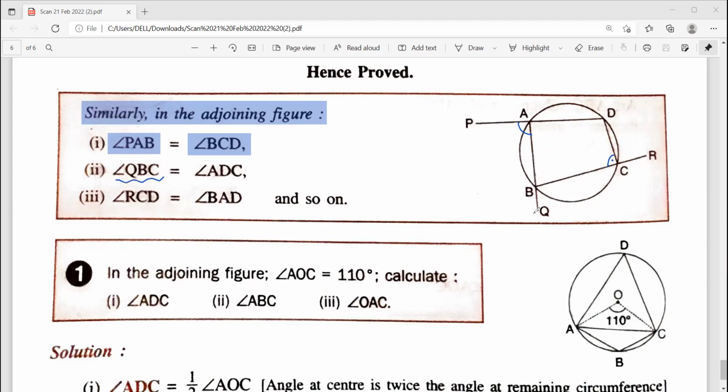Then angle QBC will be equal to angle ADC. And then angle RCD will be equal to angle BAD. I hope you followed this.